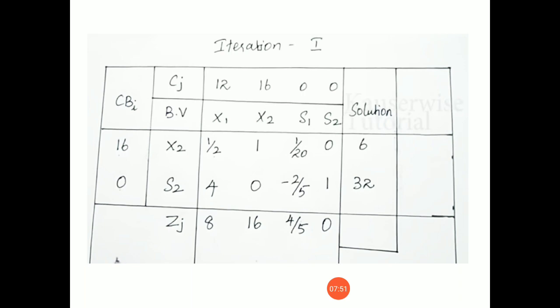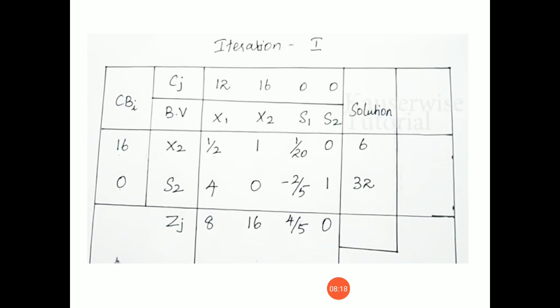So for finding the first element in the Zj row, it will be equal to 16 into 1 by 2 plus 0 into 4, which will come out to be 8. For finding the second element of the Zj row, the solution is 16 into 1 plus 0 into 0, which is equal to 16 only.